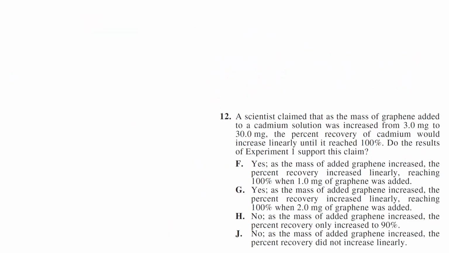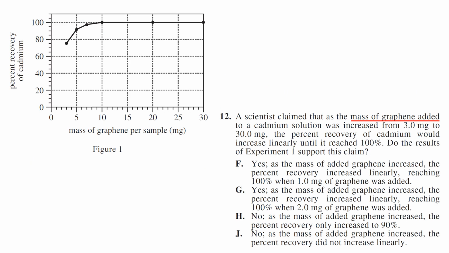A scientist claimed that as the mass of graphene added to a cadmium solution, so mass of graphene is figure 1, was increased from 3 to 30, the percent recovery would increase linearly until it reached 100%. Do the results support this claim? So this is not linear, right? It curves. It's not linear. We can't draw a straight line.